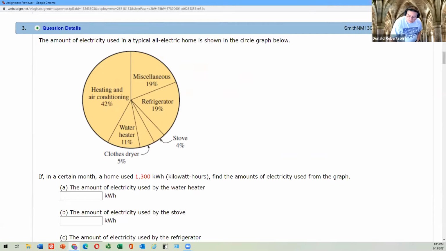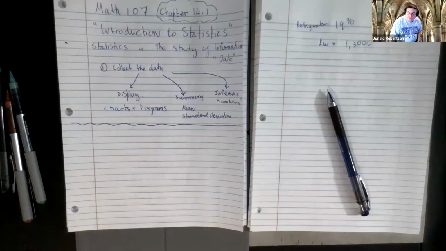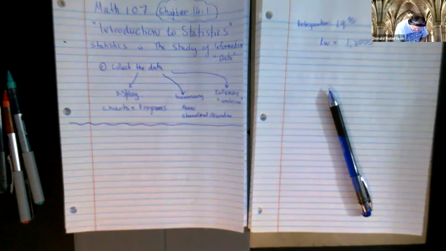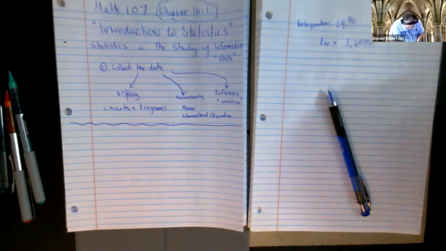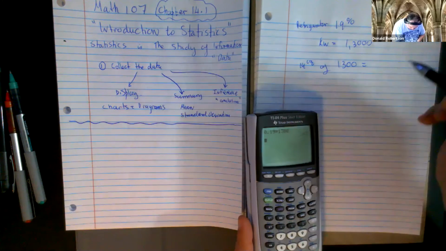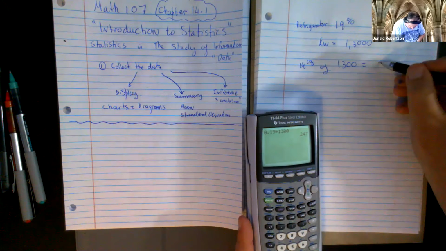So let me nip back to my whiteboard and figure out how much your refrigerator would use in a typical month. Simply, it's just 19% of 1,300. The easiest way for me to do 19% is to turn it into a decimal. So 0.19 times 1,300 kilowatt hours gives 247 kilowatt hours.